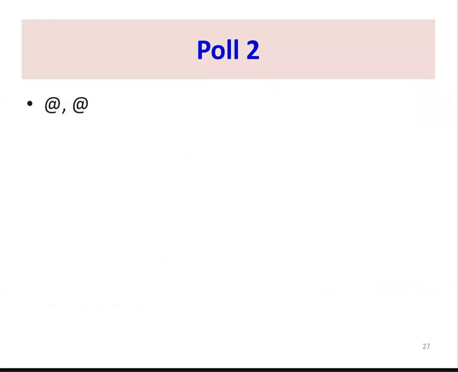Before I say anything happens, you get a poll. Let's get the next poll. Yes, that's an owl.